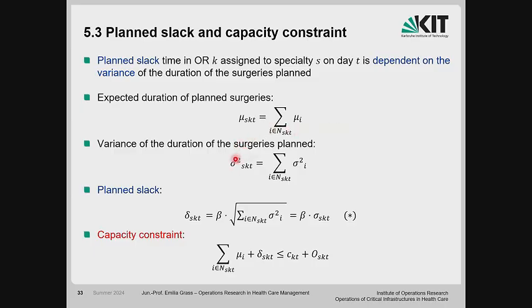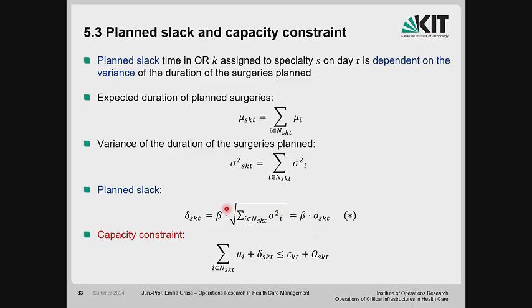Sigma squared is the sum over all surgeries I. And then the planned slack, so the unused time, is delta, and this is beta multiplied by the sum of these variances. Because it's squared, we can simply say this planned slack is beta times the standard deviation for surgeries of specialty S in room K on day T.